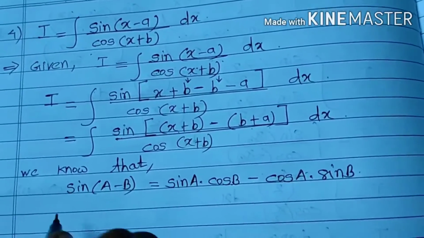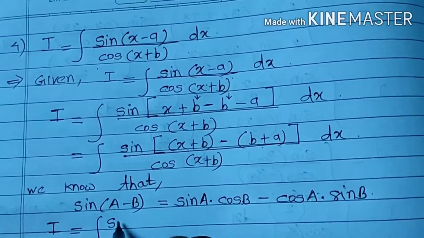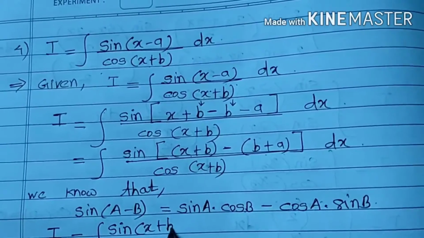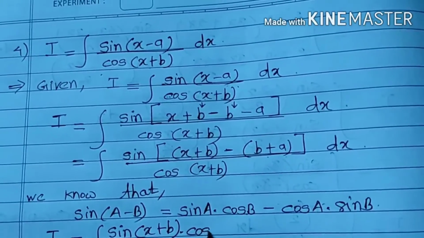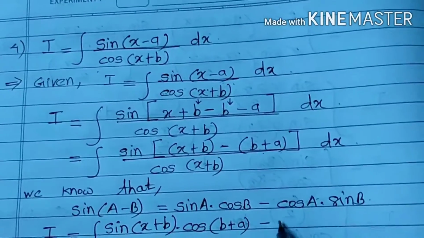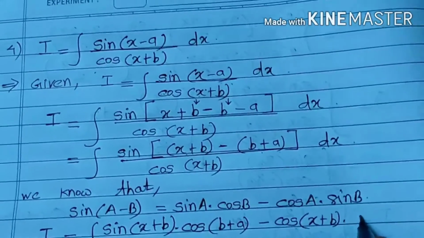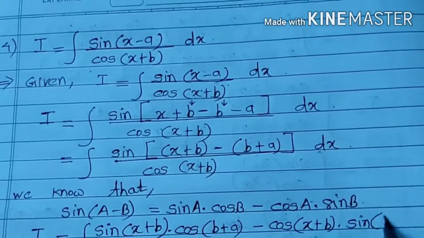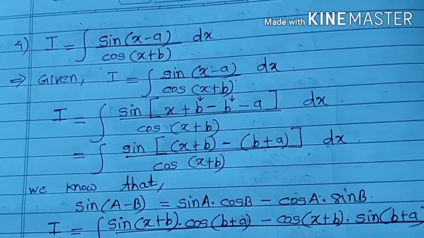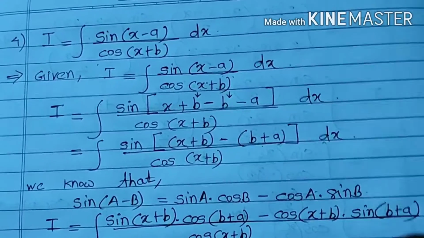So using this, our integration will become integration of sine A, so sine A means sin(x plus b) into cos B, so value of B is (b plus a). So write here cos(b plus a) minus cos(x plus b) into sin(b plus a) upon cos(x plus b) into dx.